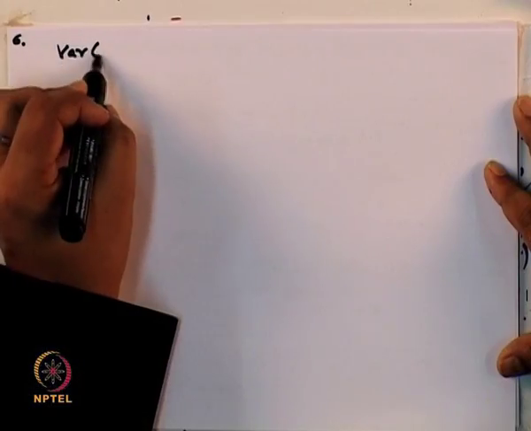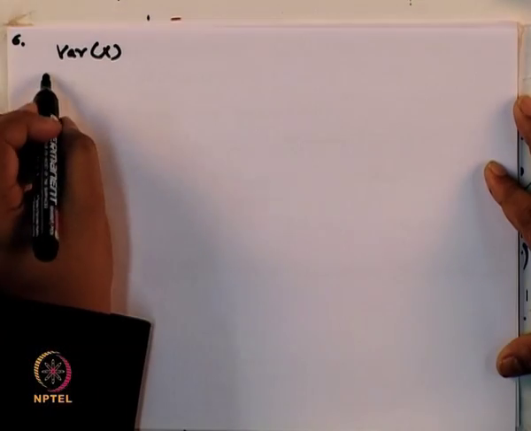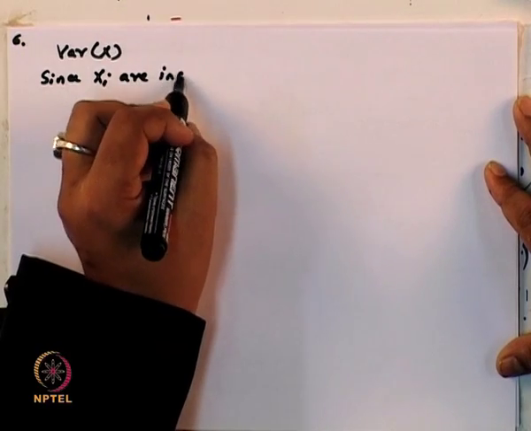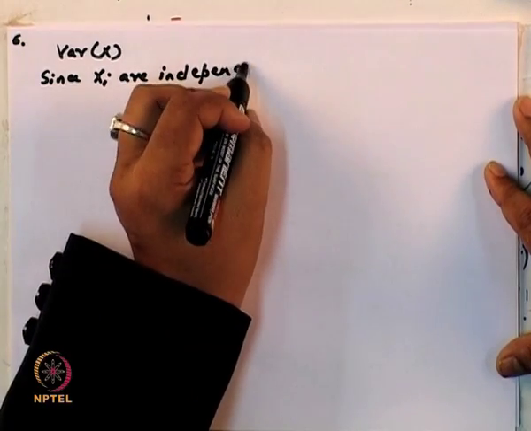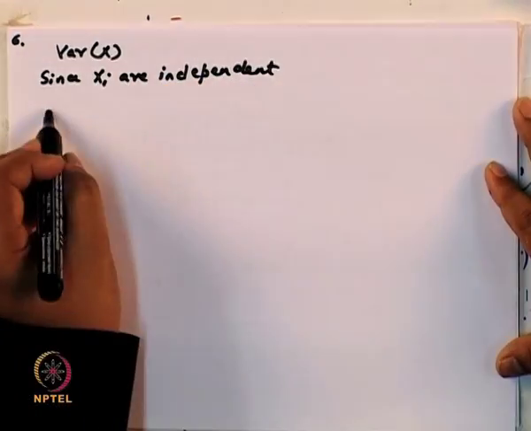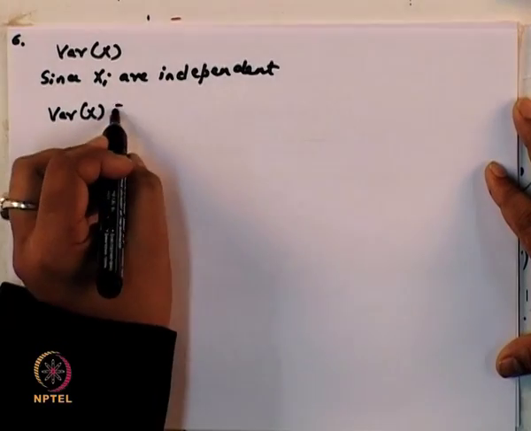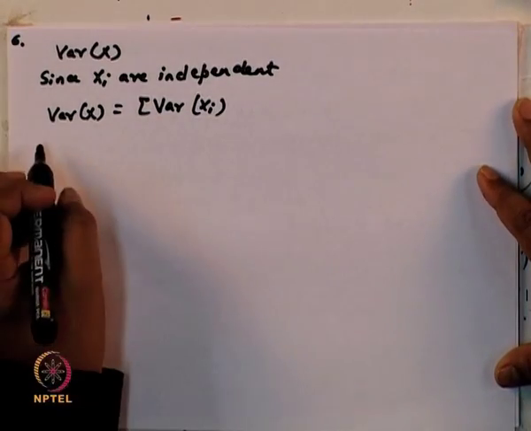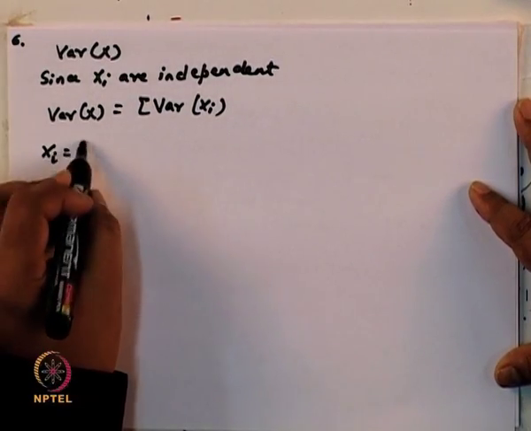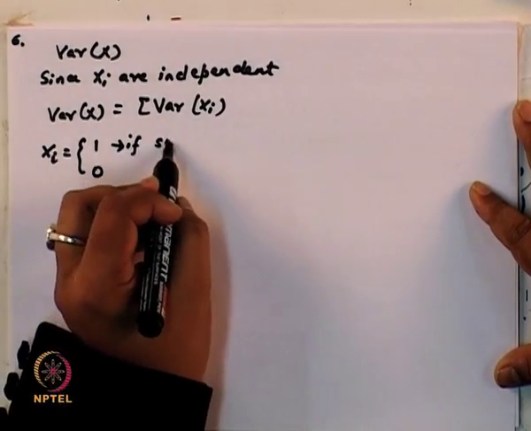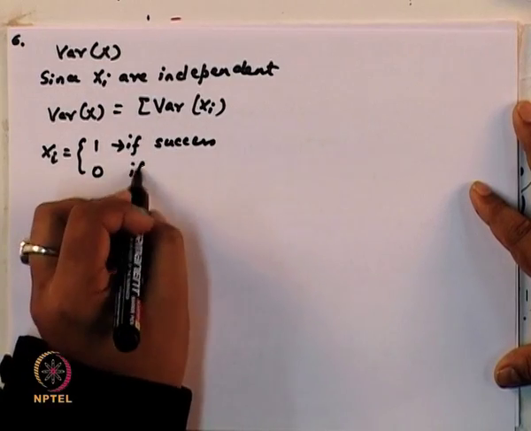Let us calculate the variance of X. Since X i are independent, I can write variance of X is equal to summation of variance of X i. Again we have X i equal to 1 if success and 0 if failure.